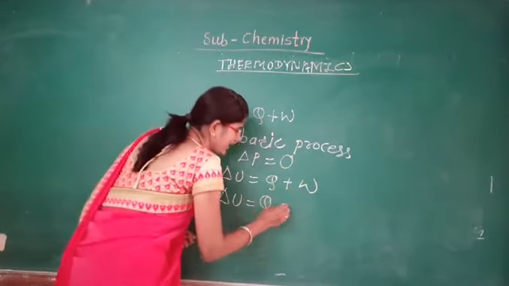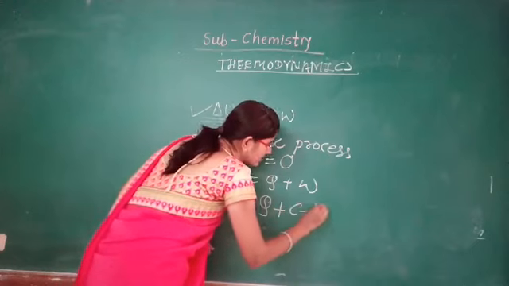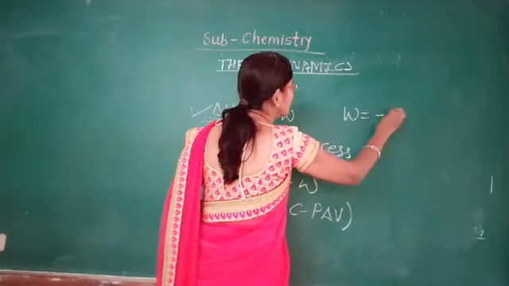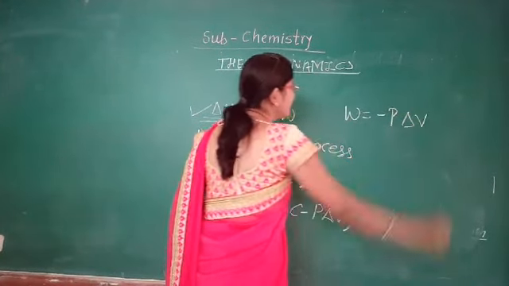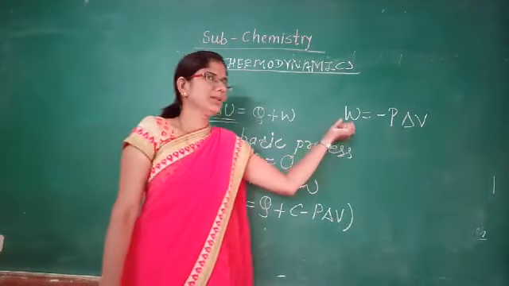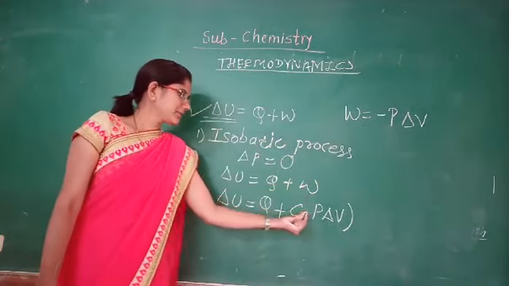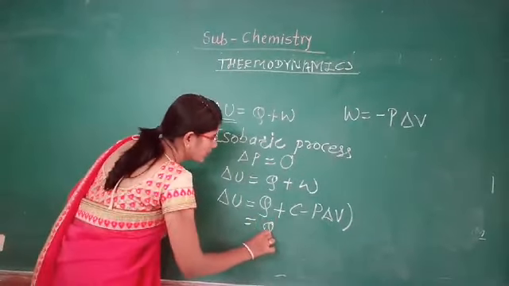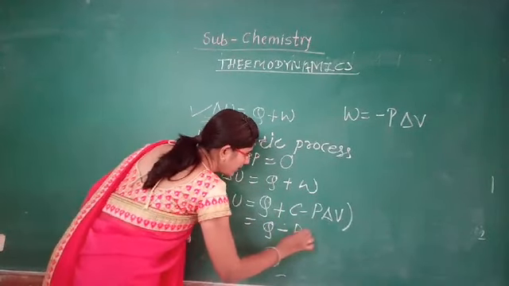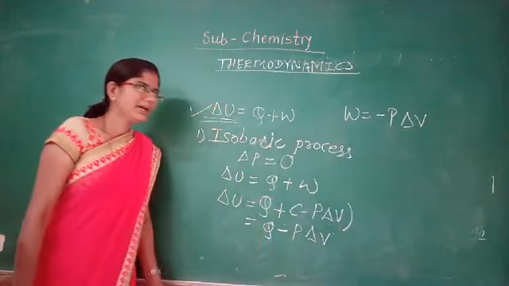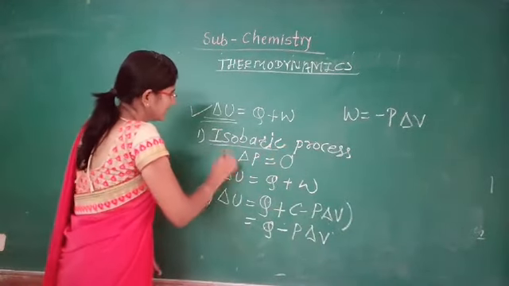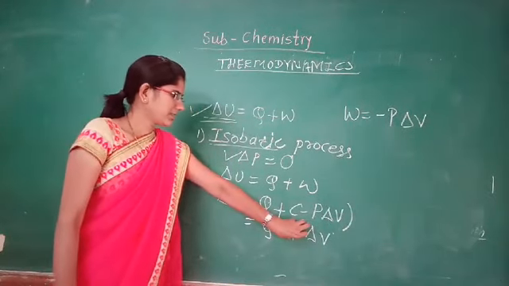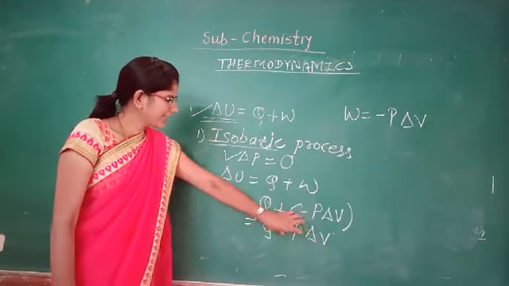The work done has the formula minus P delta V, W equal to minus P delta V. This is the work done for the irreversible process. W equal to minus P delta V, and therefore delta U is equal to Q minus P delta V.